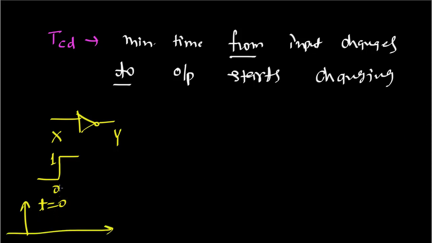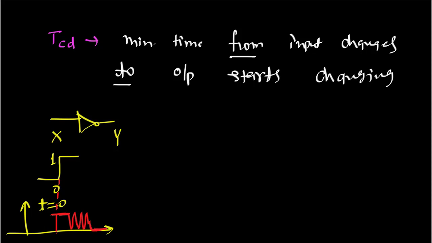So initially, let us say this is t is equal to 0. Output will be in the initial state for some more amount of time, and then it will start decreasing, because it is the NOT gate, and if you are applying the input from 0 to 1, let us say high input, then the output will start decreasing, but for some more amount of time it will be in the invalid state. We don't know what that output value is, and then finally it will go to 0.